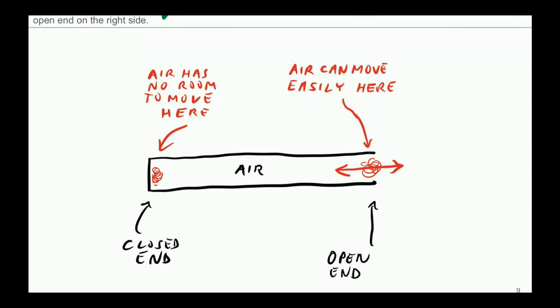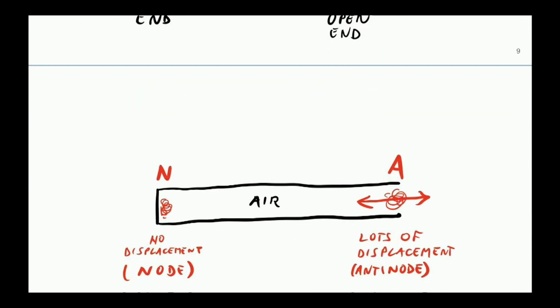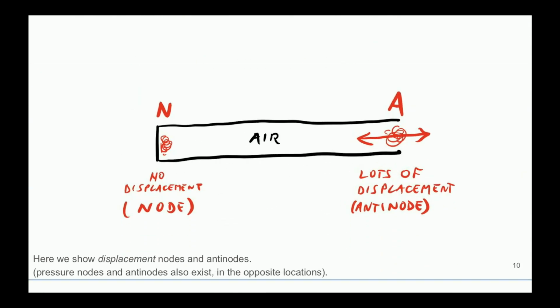I would now have you consider what's happening at the different ends. Air can easily move left and right on the right side, because it's open to the room ambient pressure, or atmospheric pressure. On the left side, there's not a lot of room to move. It is possible the air is going to get squeezed in there. That could be a location of some higher pressure. In fact, rather than talk about pressure, I'll use displacement.